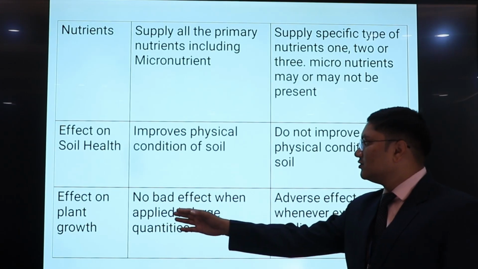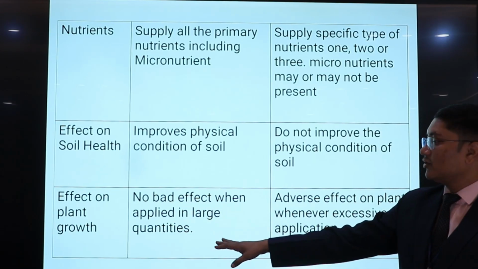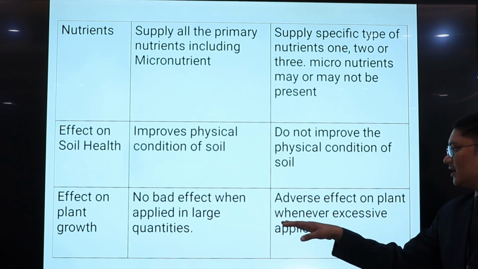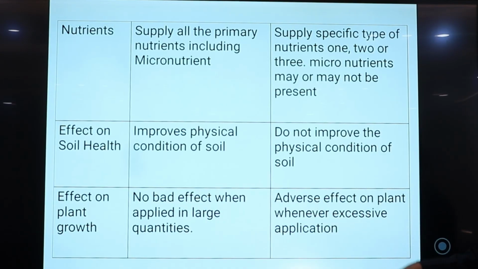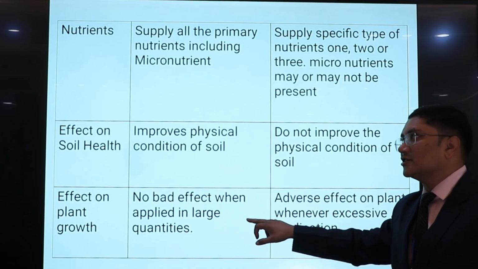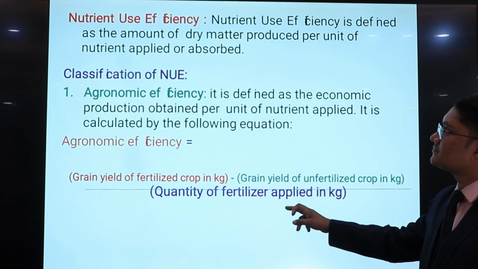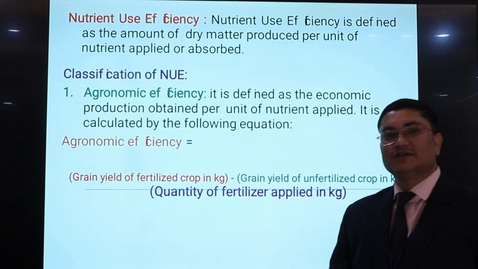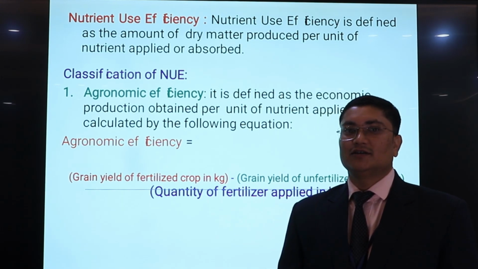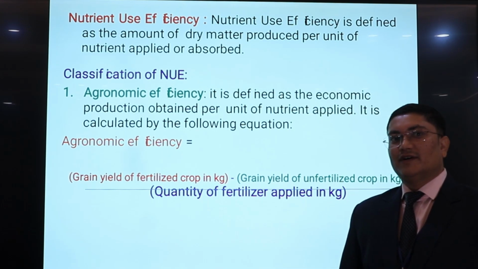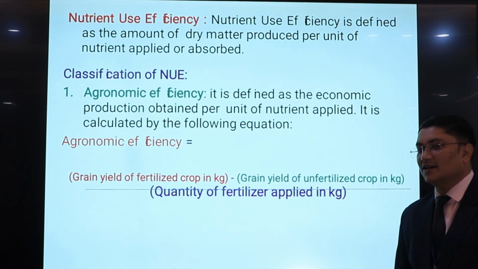On plant growth, manures have no bad effect even when applied in large quantities, while fertilizers have an adverse effect on plants with excessive application. So these are the basic major differences between manure and fertilizers.